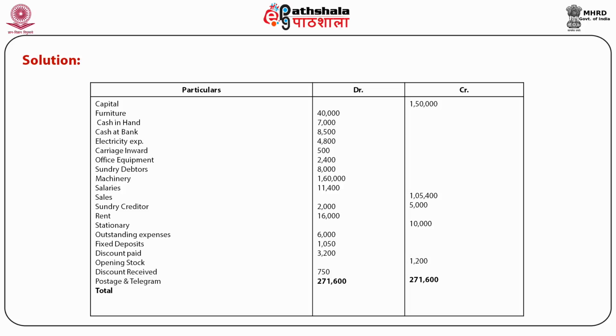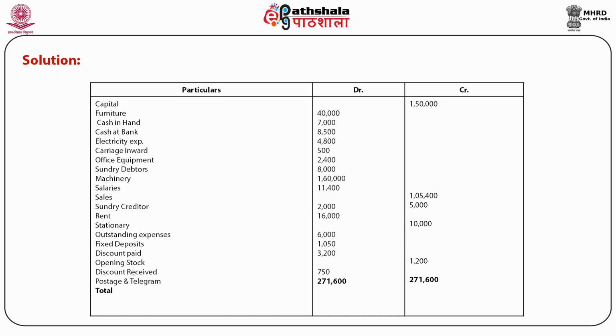Furniture which has got debit balance, its amount is shown on the debit column. Cash in hand, debit side; cash at bank, debit side; electricity expenses, debit side; carriage inward, debit side; office equipment, debit side; sundry debtors, debit side; machinery, debit side; salaries, debit side; sales, because the balance of sales is credit, so its amount is shown on the credit side.